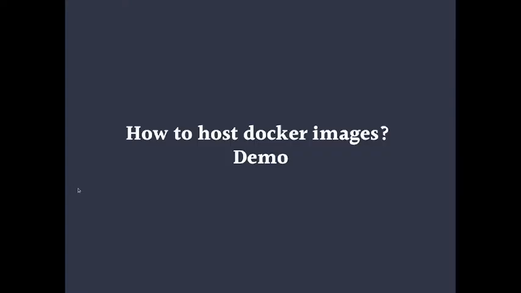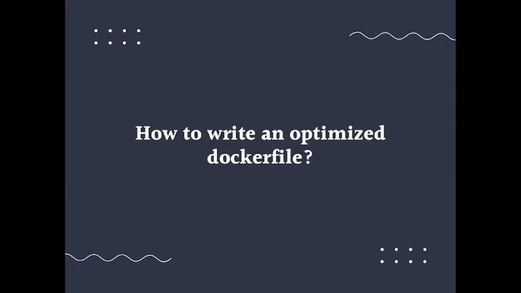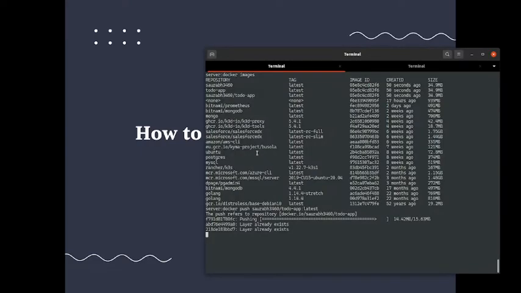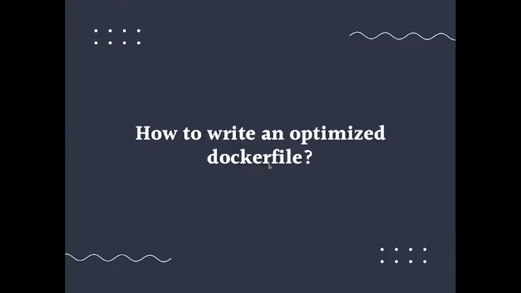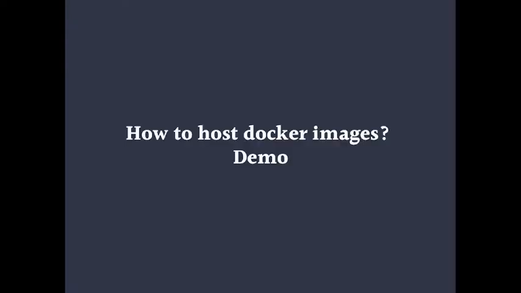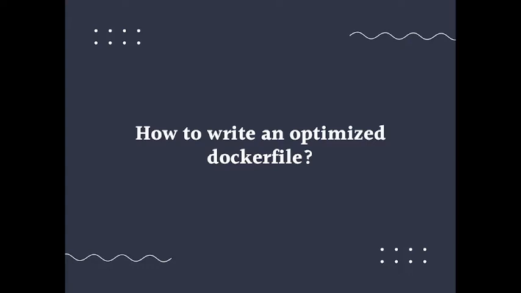Meanwhile, we'll go ahead and see how to optimize it. We write a Dockerfile, but I guess that is not enough, because a lot of the time our Docker image size goes large, sometimes 1 GB, sometimes 1.5 GB, etc. So how can we optimize that?